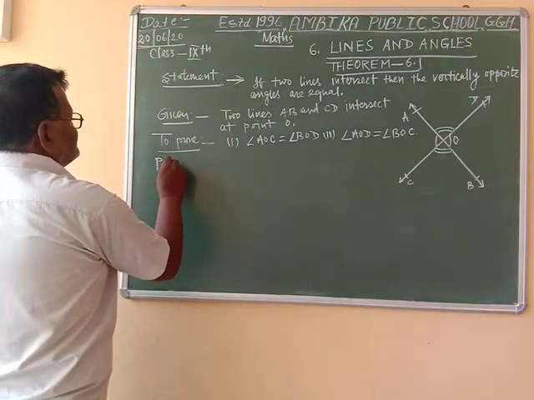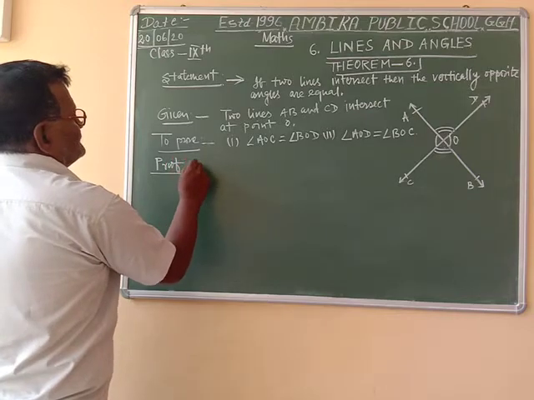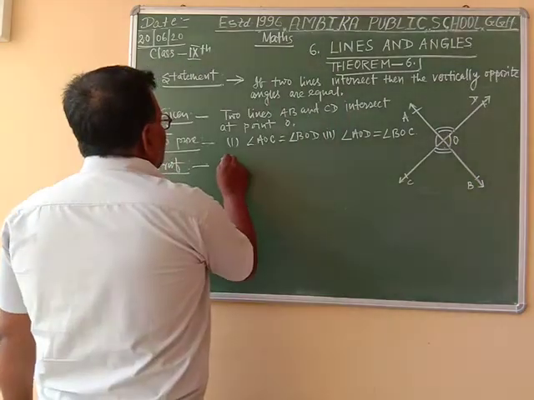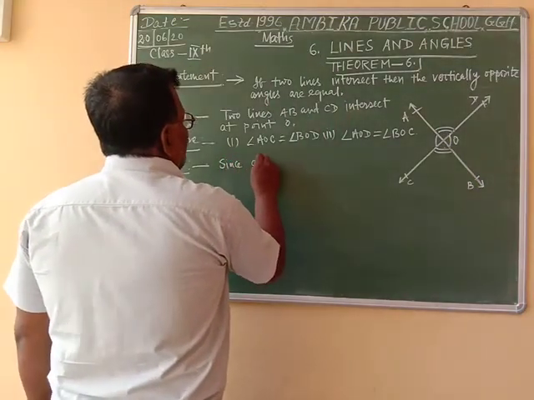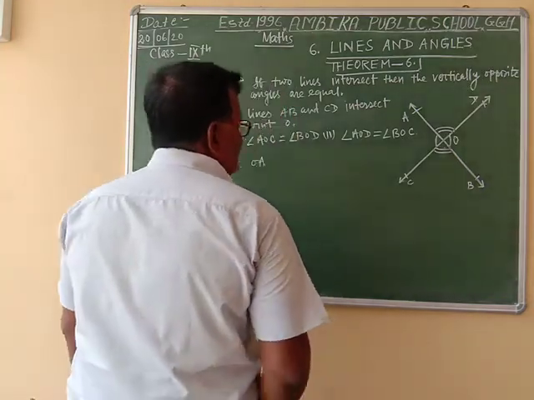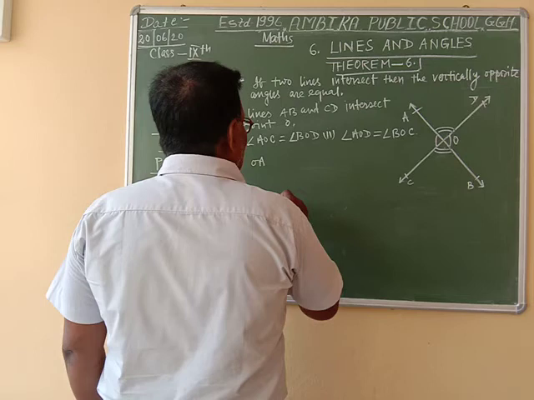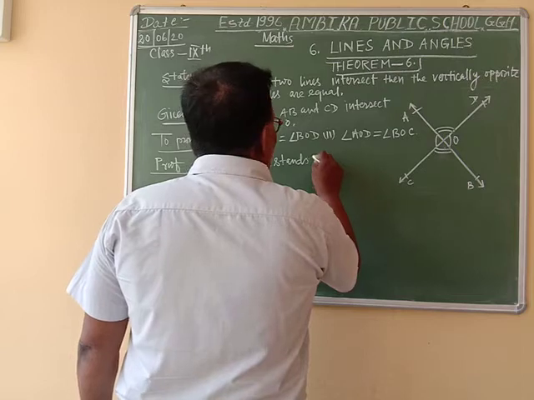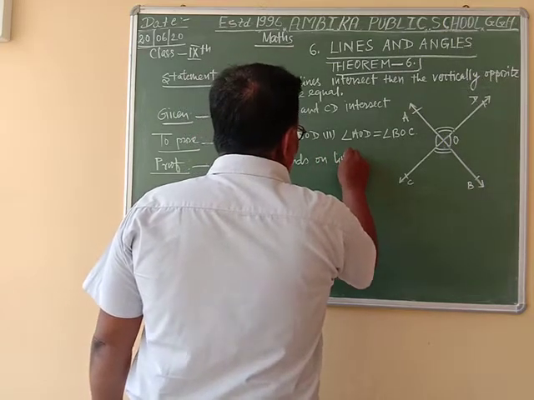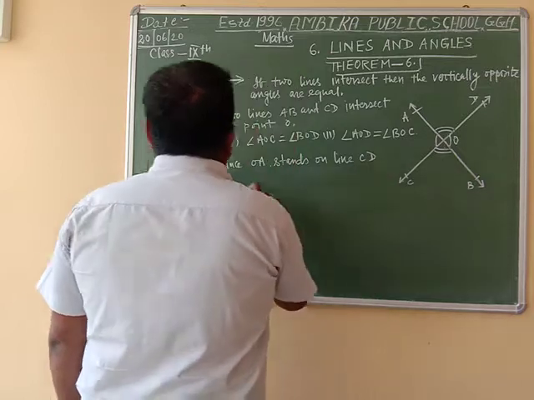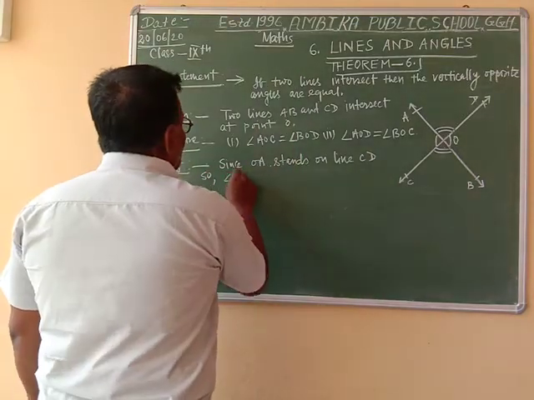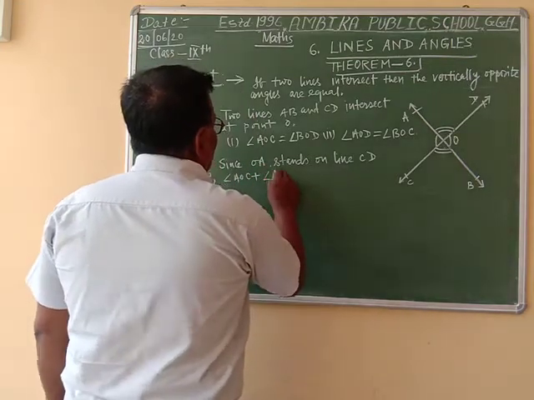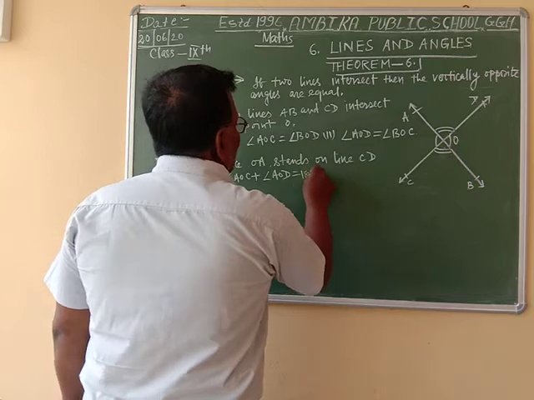Proof. Since OA stands on line CD, so angle AOC plus angle AOD is equal to 180 degrees by linear pair.